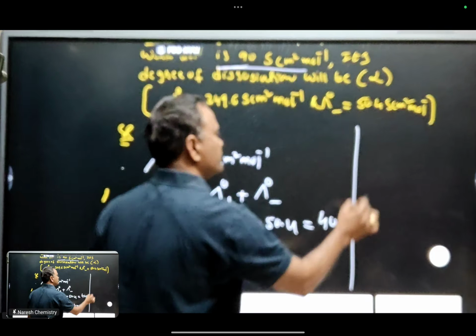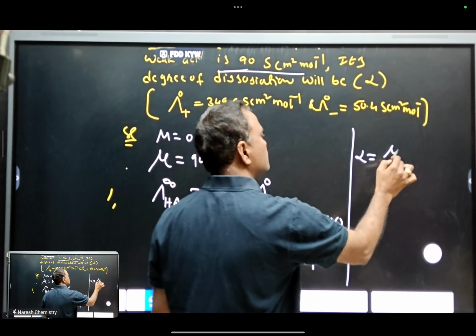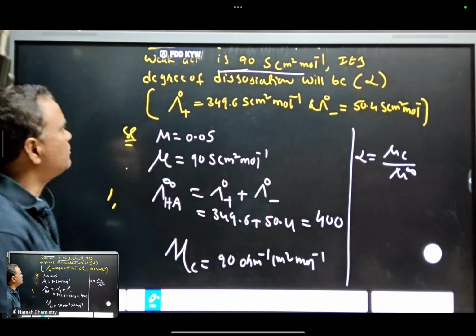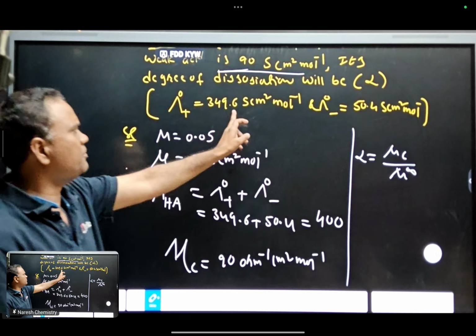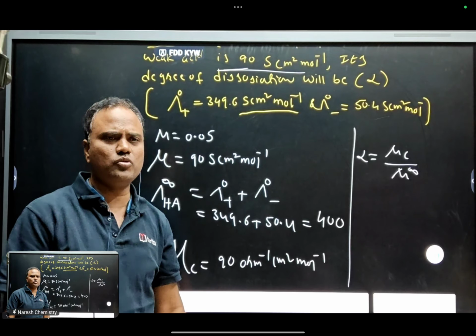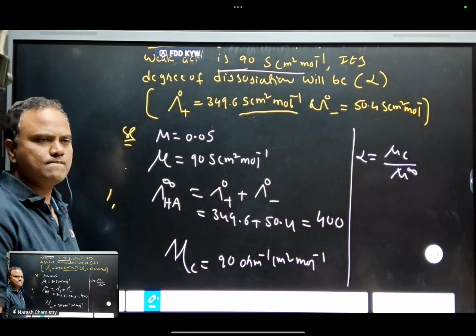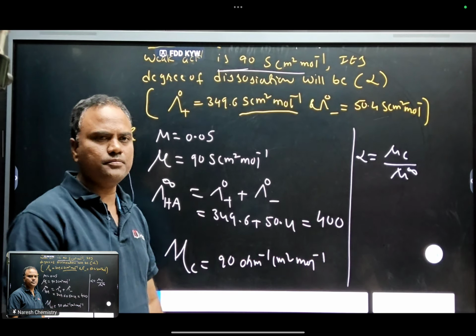Alpha is equal to mu c by mu infinity. The symbol is given as lambda, but Siemens centimeter square mole inverse are the units of molar conductance only. Substitute in that and simplify.